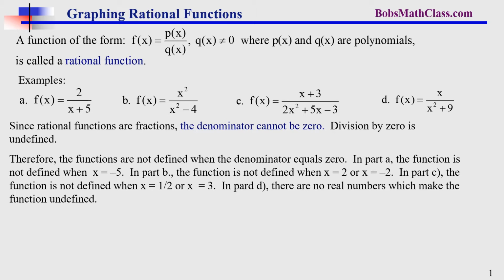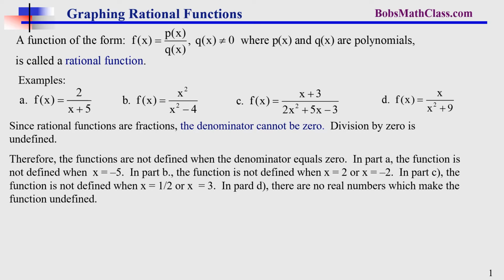It's not defined when x equals -5. Because if you plug in -5 for x, what's -5 plus 5? 0, right. And 2 over 0 is undefined. So we say that this rational function is not defined when x equals -5.